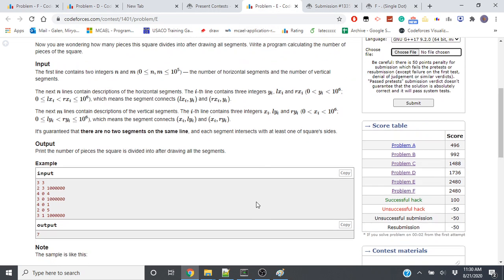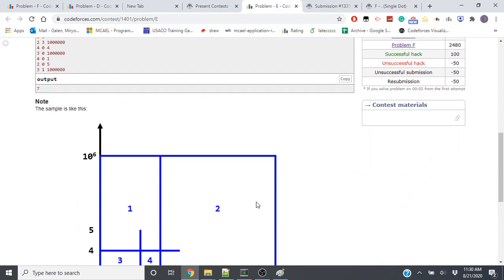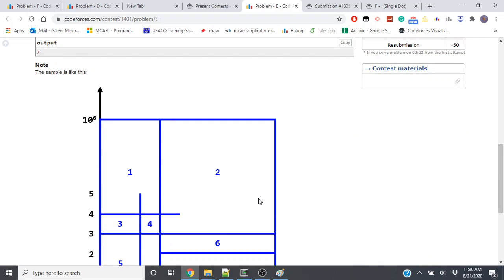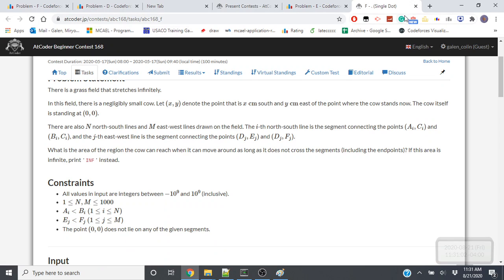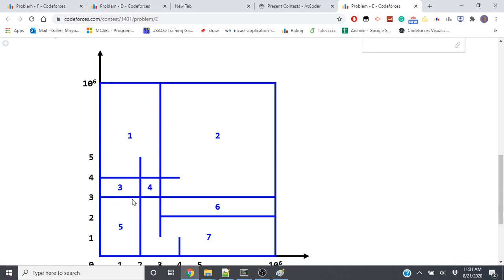However, this is kind of annoying because it doesn't let you. Okay, I don't think that's going to be helpful. What we have to do is basically, I guess, line sweep, then do some sort of annoying line sweep.